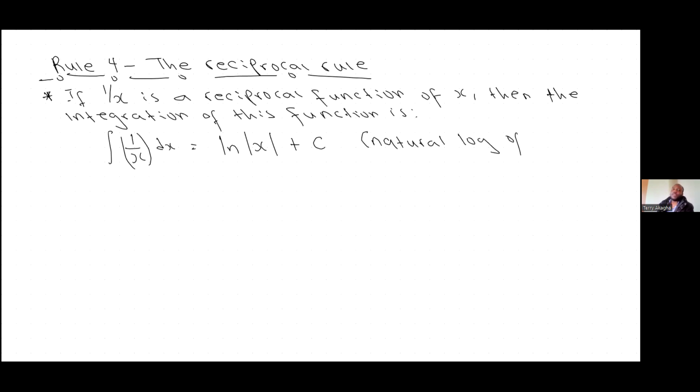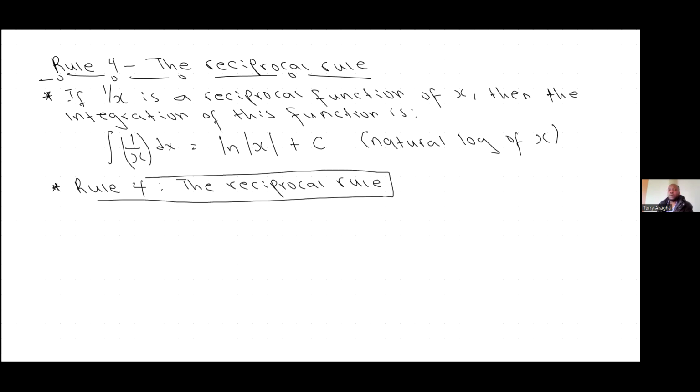So I can now summarize this as rule 4, which is the reciprocal rule.